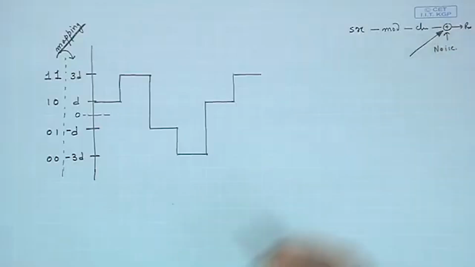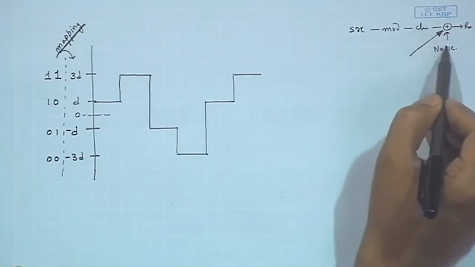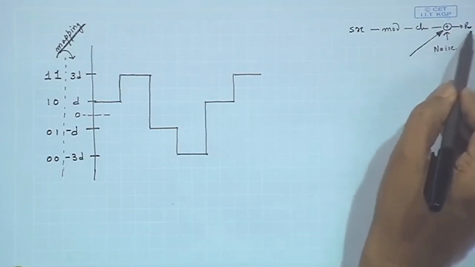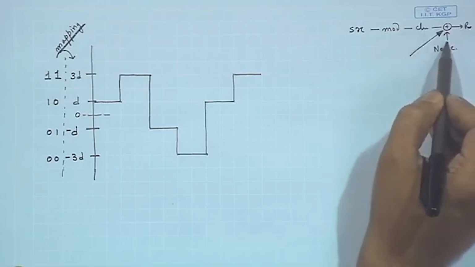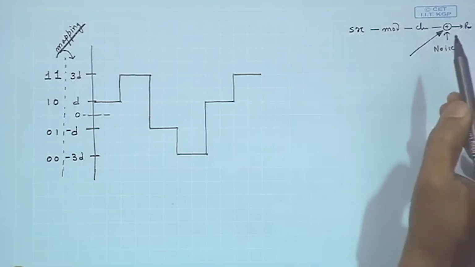When we say additive white Gaussian noise, we mean it is additive in nature, and we described that additivity is not a problem, because this noise is independent of the source symbols. That is what is important to note.